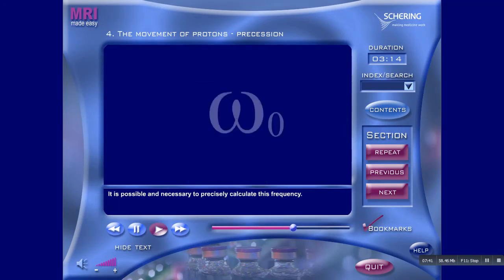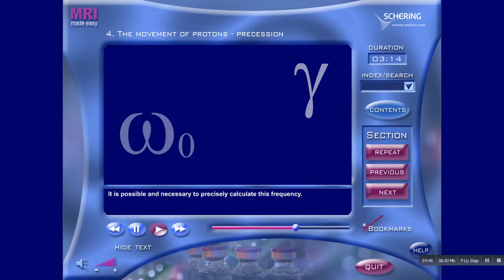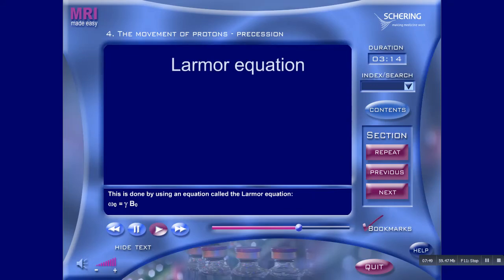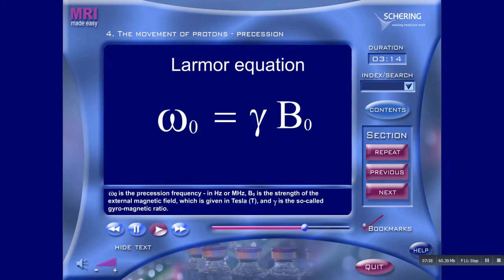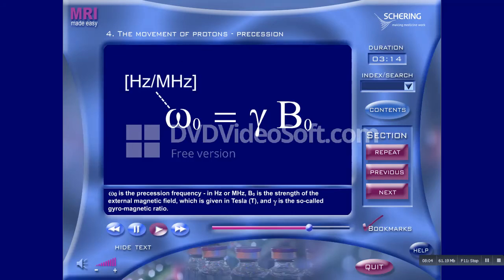It is possible and necessary to precisely calculate this frequency. This is done by using an equation called the Larmor Equation. Omega 0 equals gamma B0. Omega 0 is the precession frequency in hertz or megahertz.